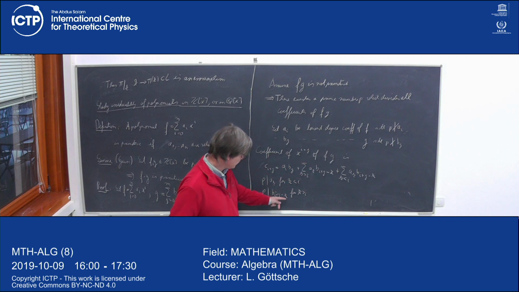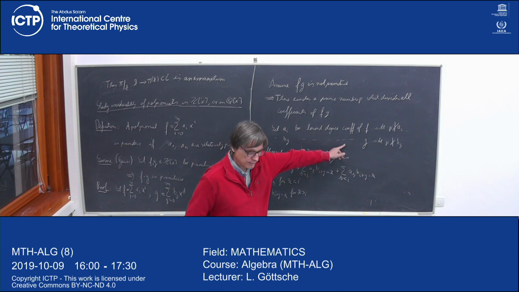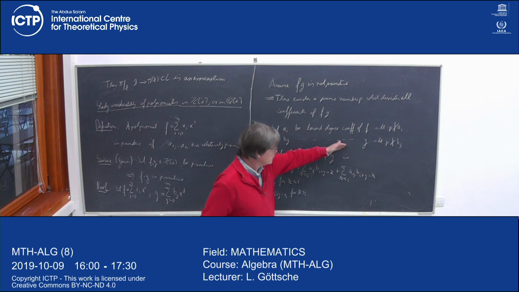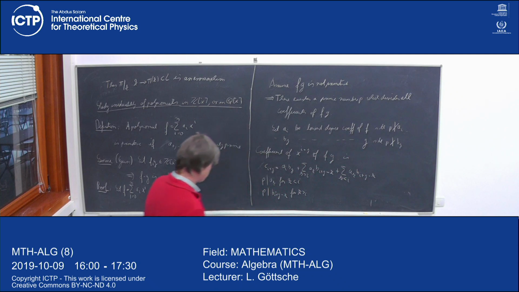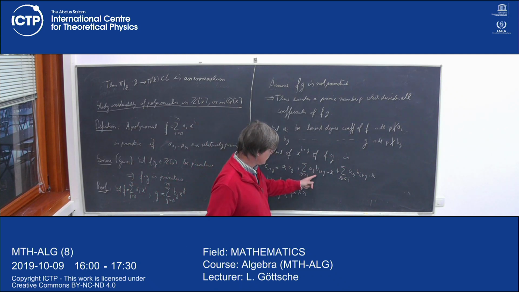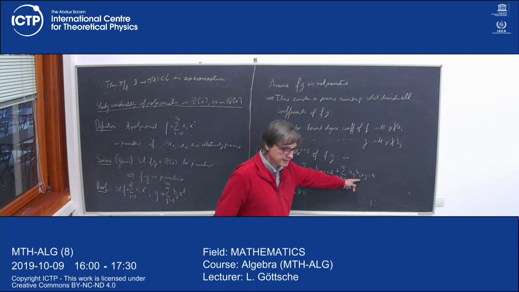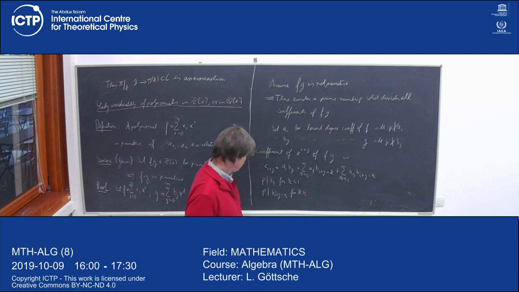Because if k is bigger than i, then this index is smaller than j, and as this is smaller than the lowest degree for which it doesn't divide, it divides. So therefore p divides every summand here and every summand here. It does not divide this one, because it divides neither a_i nor b_j, so it cannot divide this one.